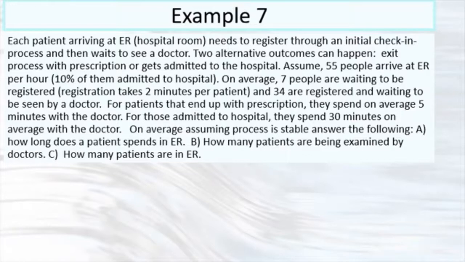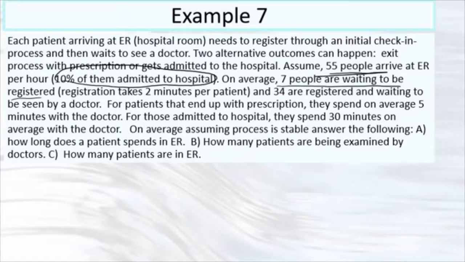So they're telling us that we have 55 people arriving in the ER room, and 10% of them are admitted to the hospital. On average, 7 people are waiting to be registered.